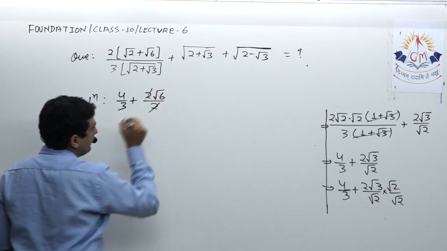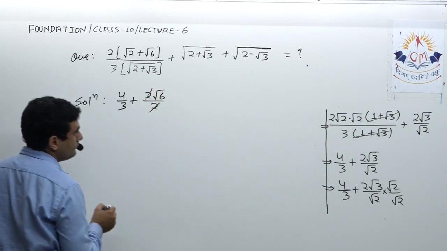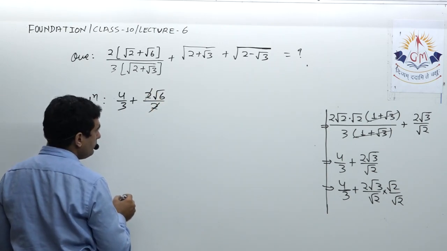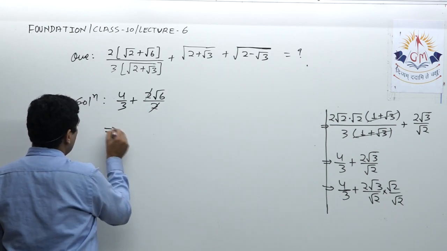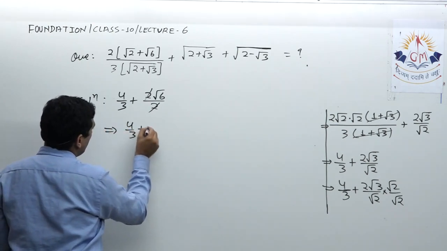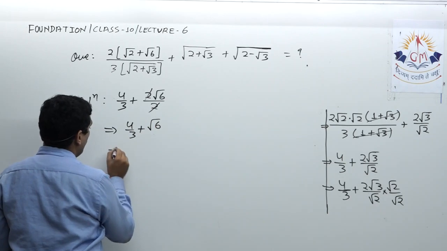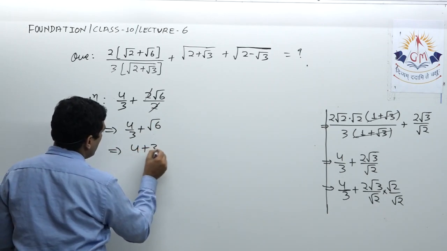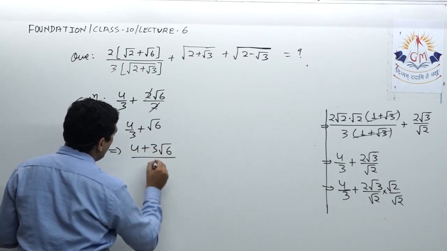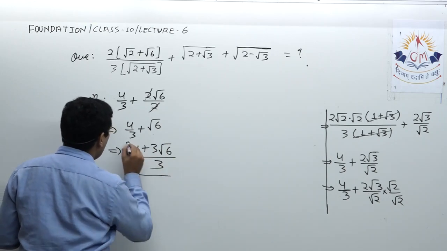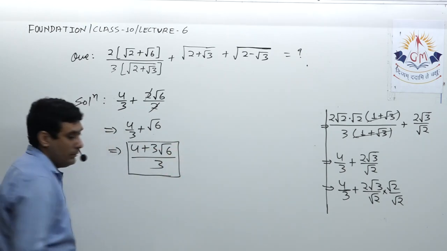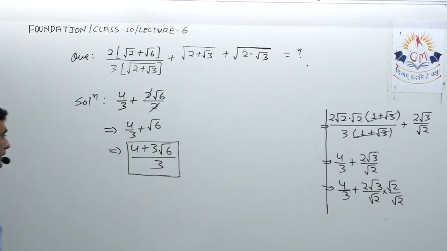Now you can cancel this 2 with this 2. So further it is 4 by 3 plus root 6. So the final answer is 4 plus 3 root 6 upon 3. This is my final answer. So please note it down, then we'll see the next question.